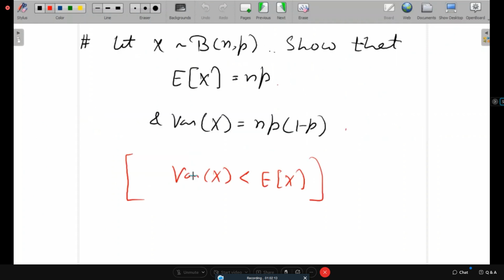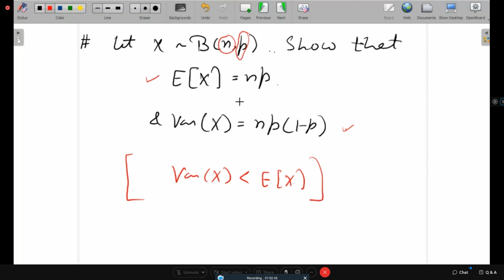About the binomial random variable, you need to identify the number of independent trials and the probability of success in each trial. If you know these, you can get the information. The expectation of x is n times p, and the variance of x is this; we are going to work it out.